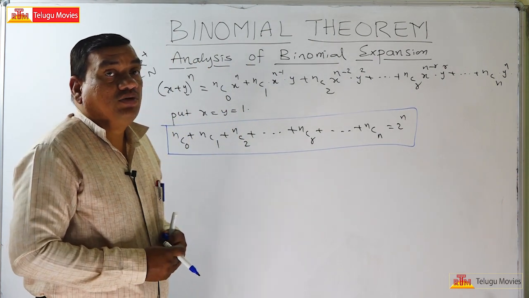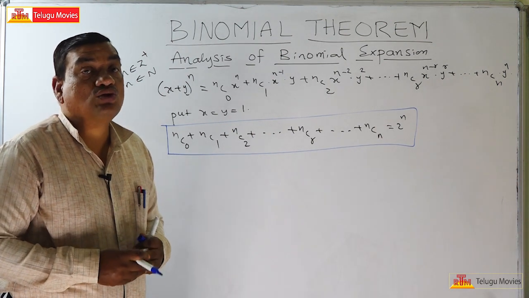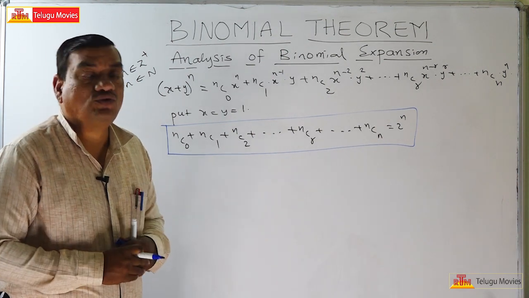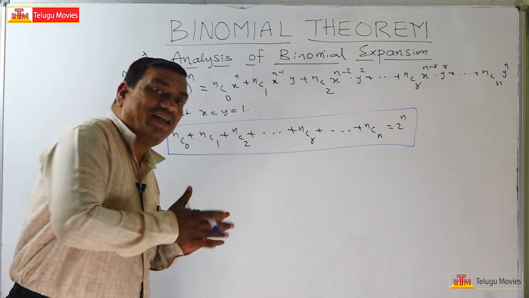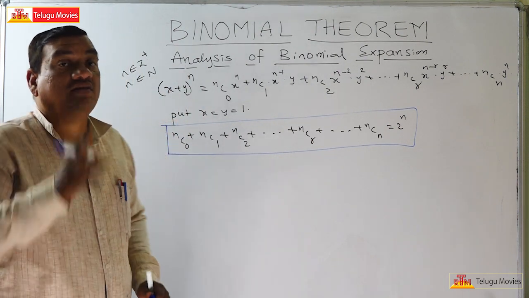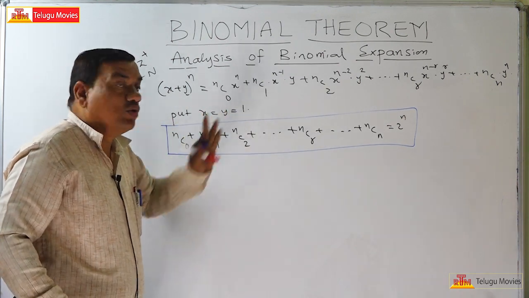From this concept, immediately we can conclude that if you want to find the sum of the binomial coefficients in any binomial expansion, the simple thing is to substitute x is equal to y is equal to 1.